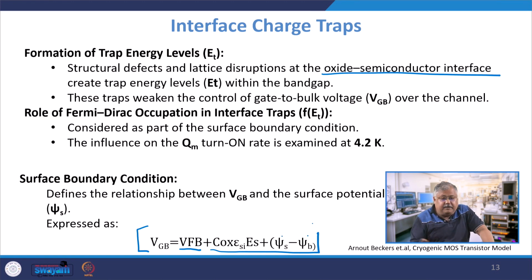Psi s minus psi b is basically the difference between the surface and the bulk. If you add that with the total charge multiplied by Es at the interface plus the flat band voltage, because of metal semiconductor flat band and MOS, if you add those three, you should ideally get the value of VGB, which is gate to bulk voltage. This is basically the surface boundary condition which you see.